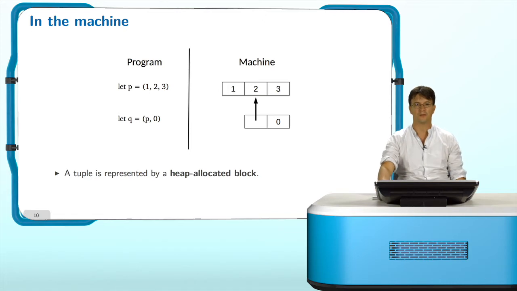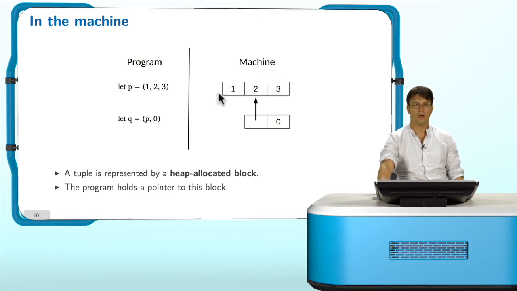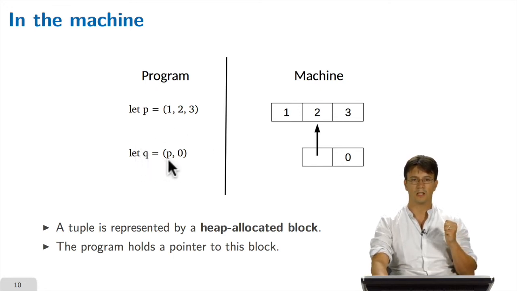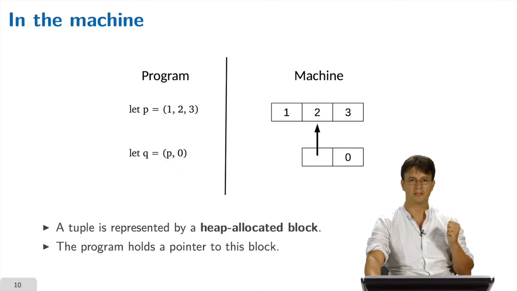Now, if you have an identifier P which represents the value of a tuple, internally it is represented as a pointer to the memory. So if you define, for instance, Q whose first component is P, it means that in memory the first cell of this pair is in fact a pointer to the first block.